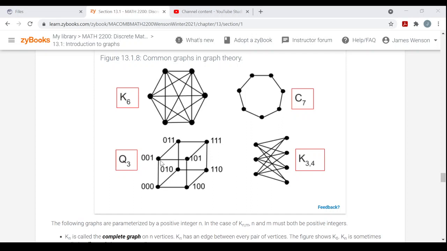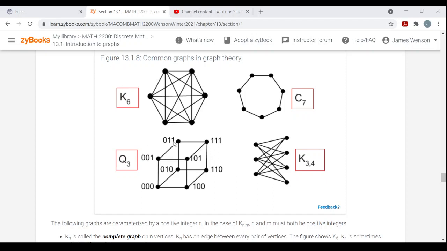So these Q3s are hypercubes. Again, the vertices are labeled with bit strings of that length, the subscript. So you see I have 8 vertices here, and 2 vertices are adjacent only if the bit strings differ in one position. You see how 0, 0, 1 and 0, 1, 0 only differ in the second position, so they have an edge between them.